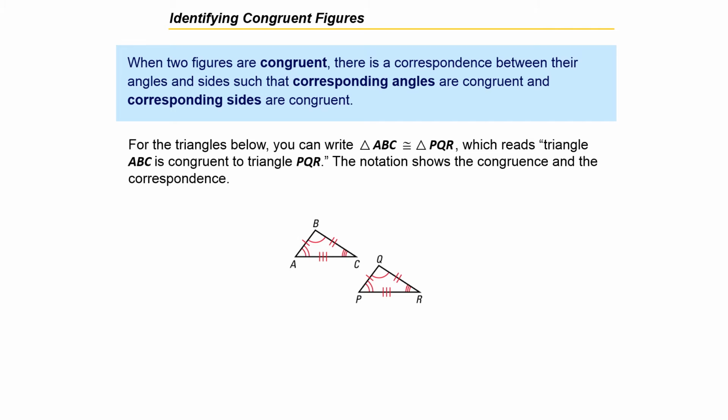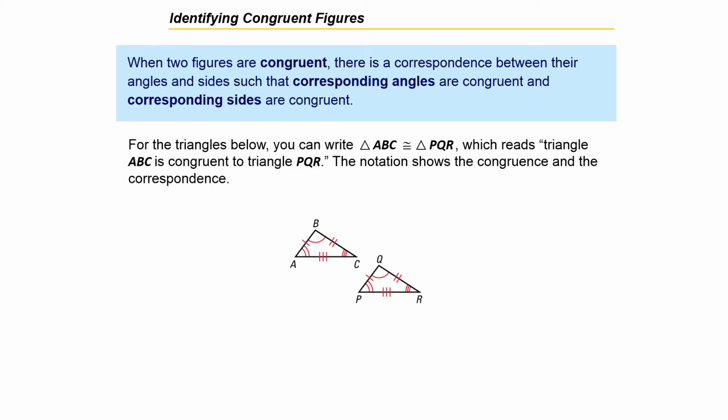Now look at your statement above. A, B, C. A is at the very beginning. Notice in the picture it has double. Now look at what it's congruent to. P, Q, R. P is at the front. In the picture, P has 2. B in the first has 1.